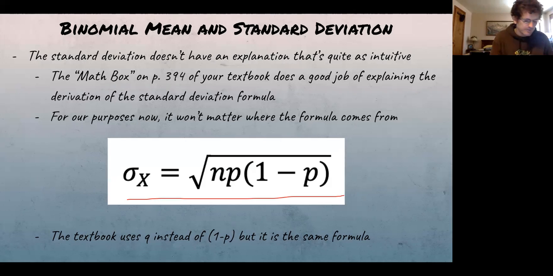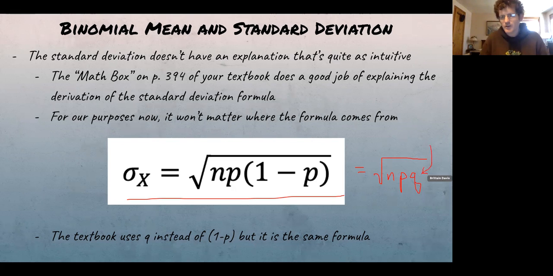Now, your textbook does use q. So if you look in your textbook, it's going to say the square root of n times p times q. I personally am not a fan of that, because it just introduces another variable, and that's just going to make some people think, wait, what does q mean? Where's q? What are they talking about? But if you just say 1 minus p, then it's less to keep track of.